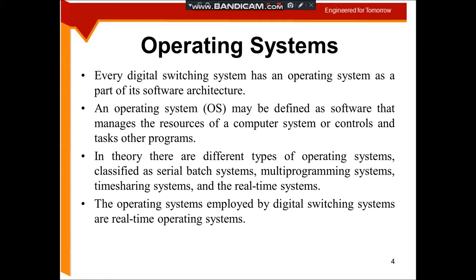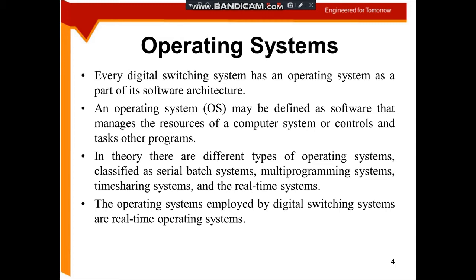So what is actually an operating system? It is defined as software that manages the resources of a computer system and controls tasks and other programs. Every digital switching system has an operating system as a part of its software architecture.